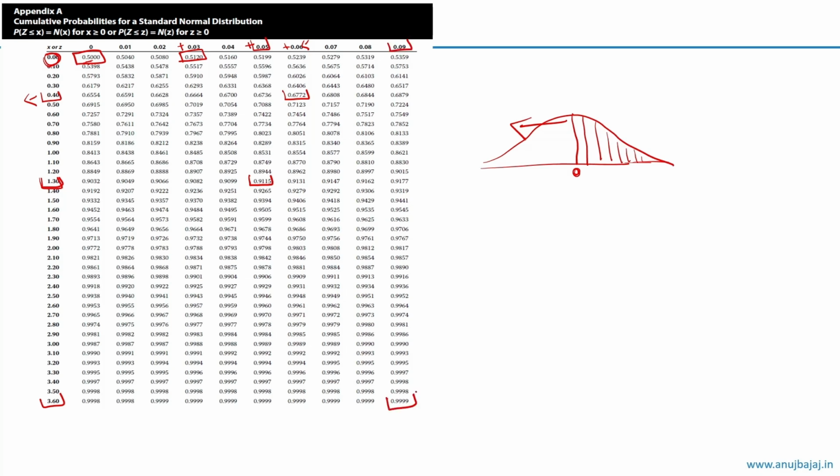So almost 100% of the observations lie below 3.69 standard deviation. So say 3.69 standard deviation lies somewhere over here. So you can clearly see almost 100% of the observations lie below 3.69 deviations. So this was the table for finding out percentage of observations below the positive standard deviations.